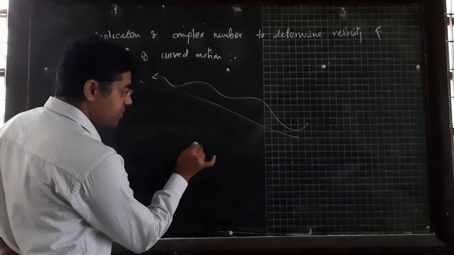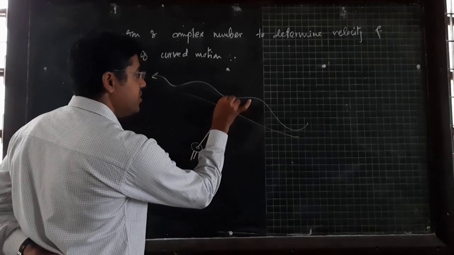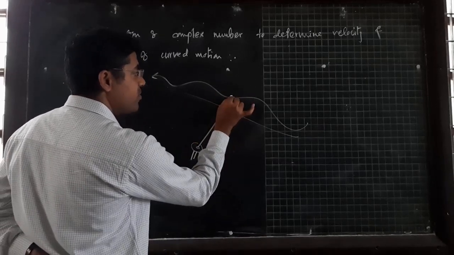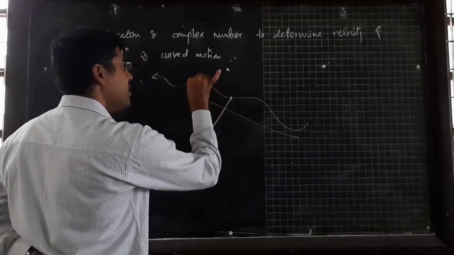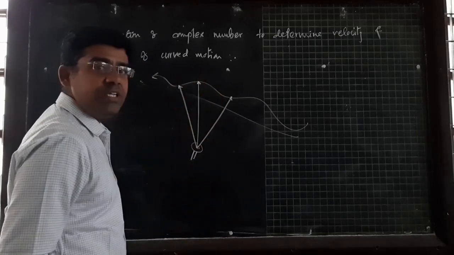The role of the satellite is to detect this object at an instant of time t. At this instant of time the object will be here, at this instant here, and at this instant here.